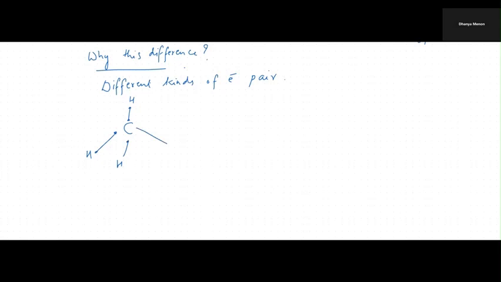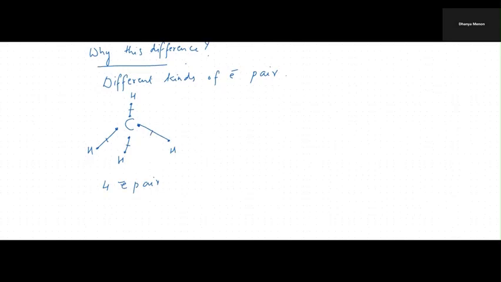This is another bond pair. All these four electron pairs are bond pairs, right? One pair of electrons is making each bond. So this is one electron pair, second one, third one, and fourth one. All these four electron pairs are bond pairs.